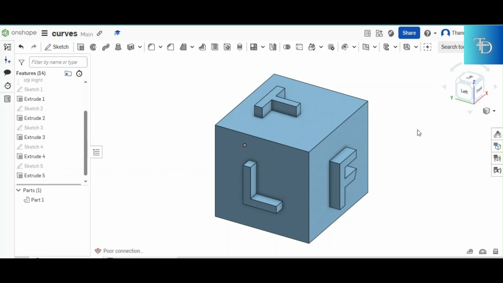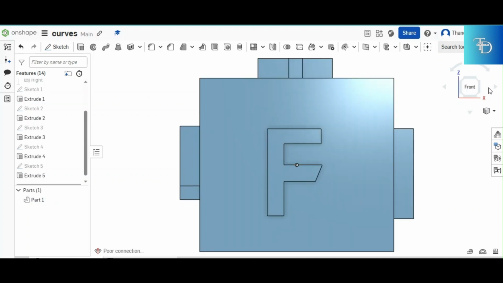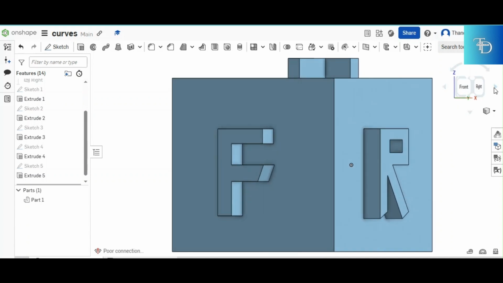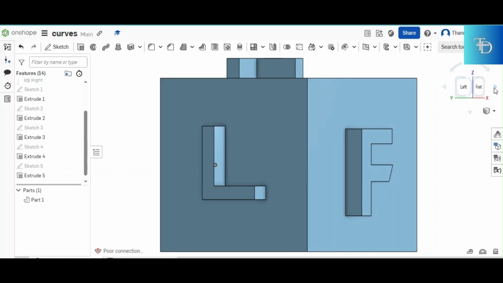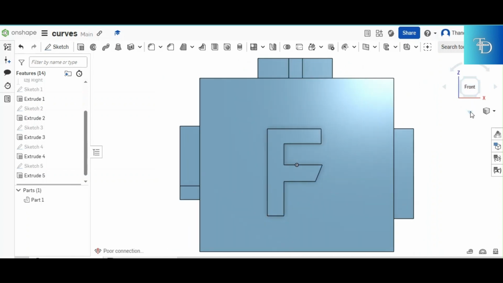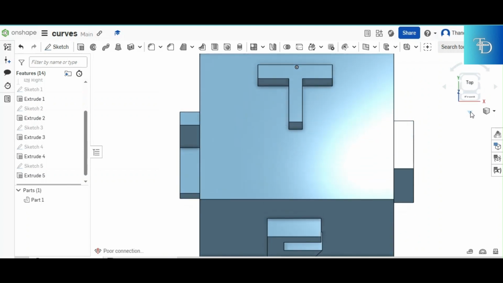That is why I'm saying it's the left hand side of the front view. If I shift to the right hand side of the front view, I'm expecting to see the right view. In the left hand side of the front, I'm expecting to see the left view. And on the top side of the front, I'm expecting to see the top view.